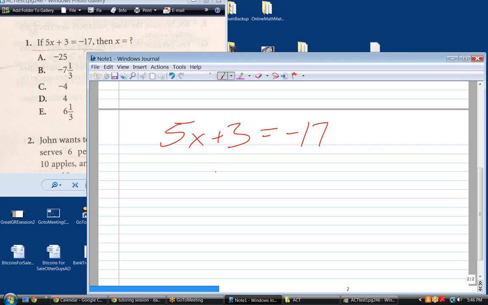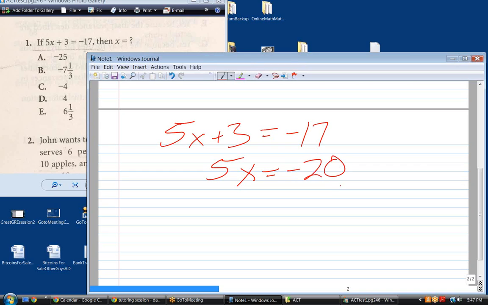Work out loud. The way this works best is if you tell me what to write for the next line. Okay. So I want to get that -3 and that 17 together. So I'm going to subtract 3 from both sides. Correct. That leaves 5x over there. What happens when I subtract 3 from -17?